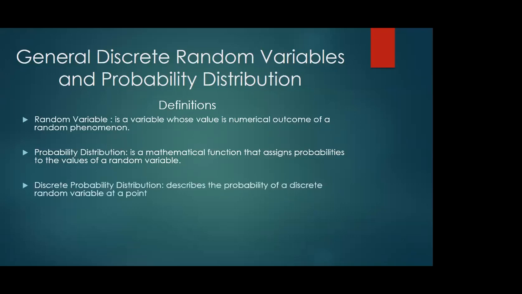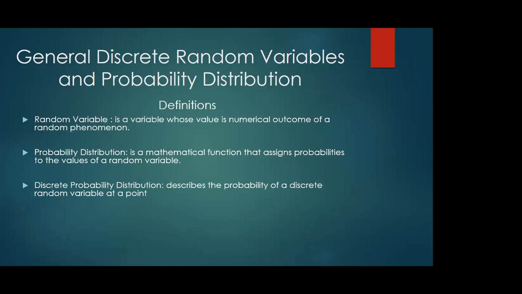And we have two types of probability distribution: discrete and continuous. A discrete probability distribution describes the probability of a discrete random variable at a point. Remember that anything to do with discrete has no decimal place, it's a whole number.